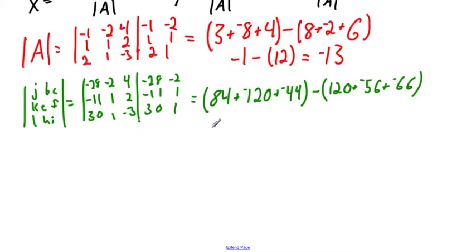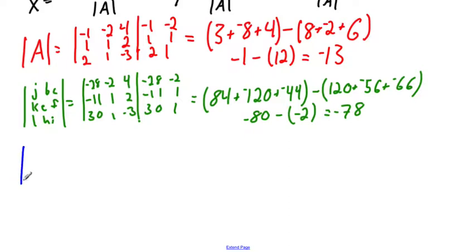Alright, so I have 84 minus 120 minus 44, and it gives me a negative 80. And I subtract from that 120 minus 56 minus 66, which is a negative 2. This gives me a negative 78.